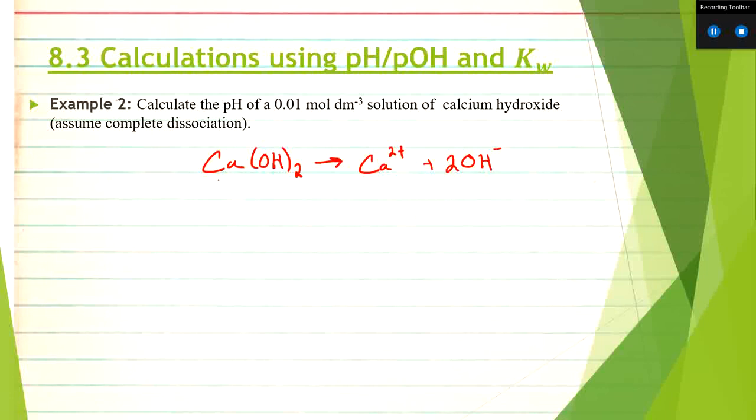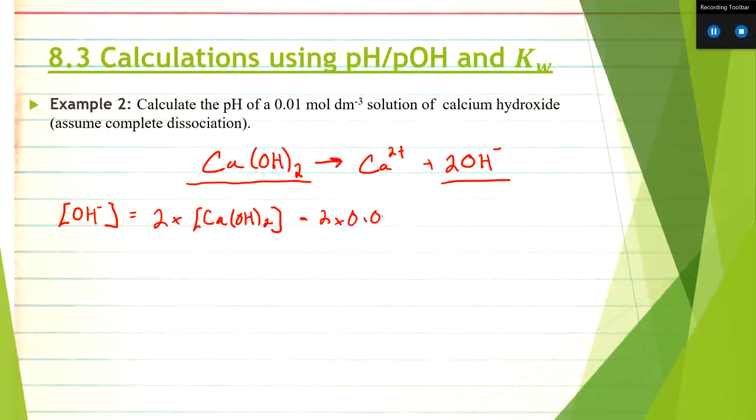Now, since we have 2 hydroxides for every 1 calcium hydroxide that's dissociated, our concentration of hydroxide is actually going to be 2 times the concentration of our calcium hydroxide, or 2 times 0.01, which is 0.02 moles per decimeter cubed.